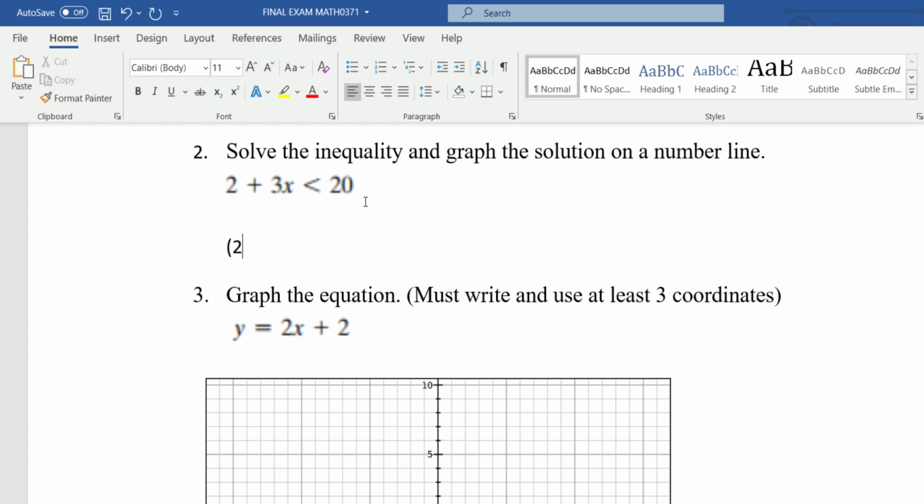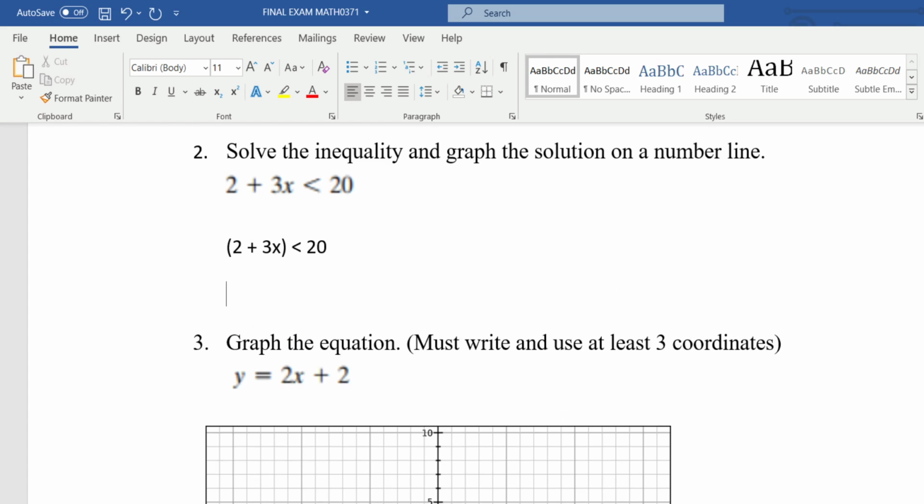So we start with 2 plus 3x is less than 20. On both sides we're going to do minus 2. If you take away 2 from here, you're going to have just 3x. And on the right side, we're going to have 20 minus 2, which is just 18.